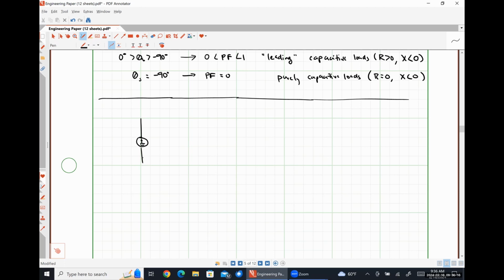So let's say that I have a voltage source that's supplying 480 angle 0 degrees volts RMS. And this voltage source is connected to two industrial loads.